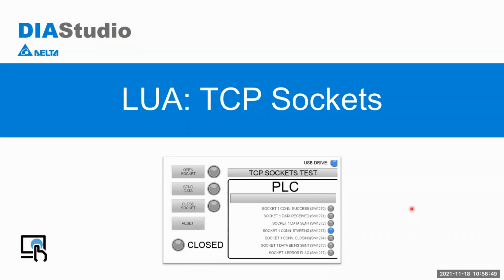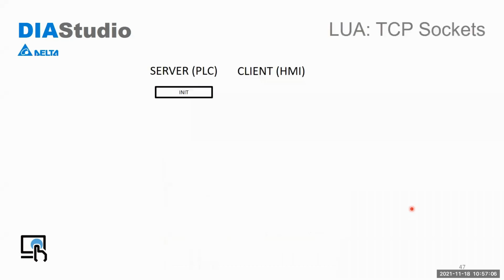Okay, for that purpose, to show you how it works, I use our AS series PLC that also supports socket communication to be the server in this case. We have the PLC, which will be the server, and the client in this case will be the HMI.